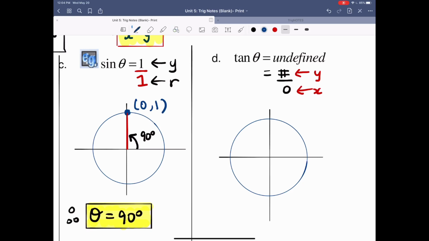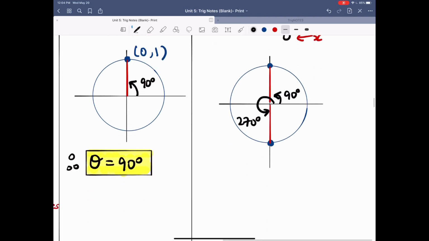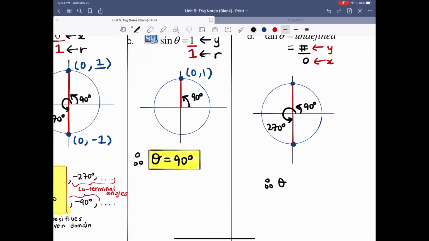So when I start drawing out my coordinate and try to find my angles, if my x value is 0, that means I have a coordinate here as well as over here. And my terminal arms are going to be over here and over there. One of them is going to be 90 degrees and the other one's going to be 270 degrees. And therefore, theta 1 is equal to 90 degrees and theta 2 is equal to 270 degrees.